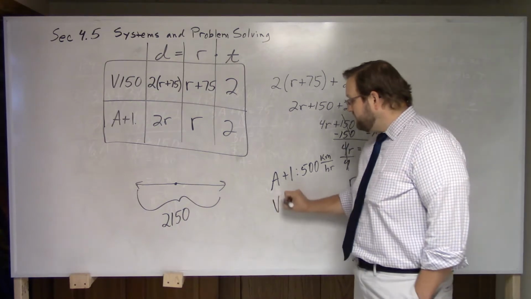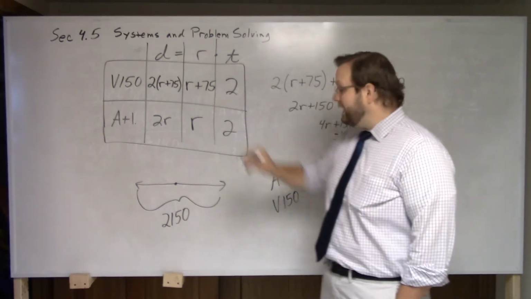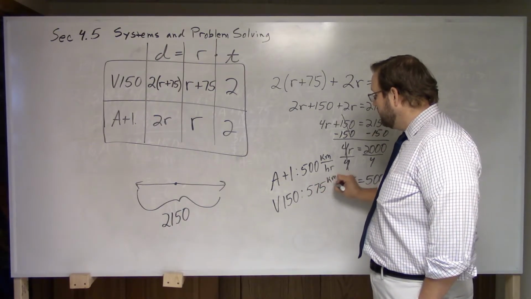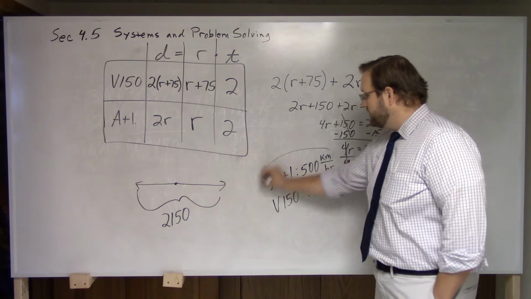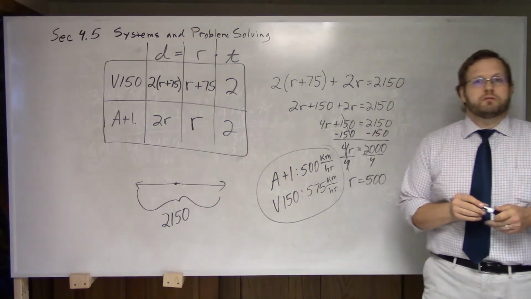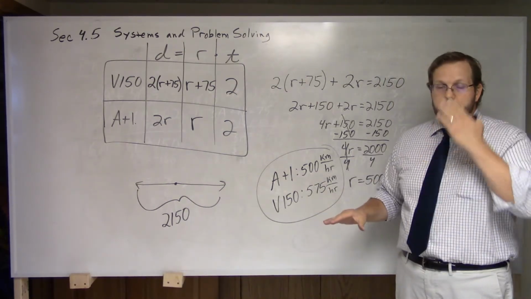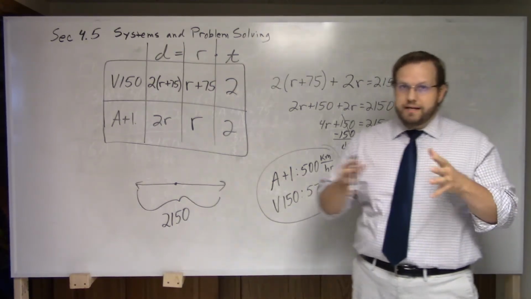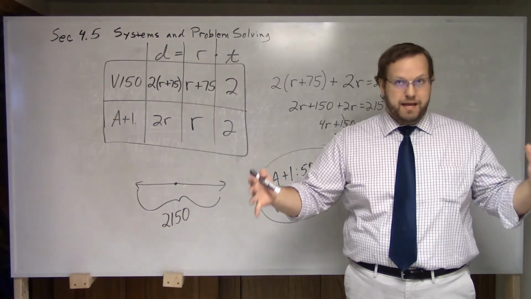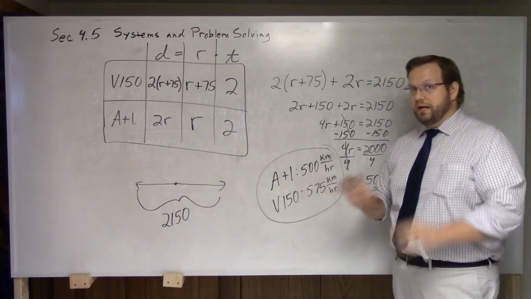That V150, remember, was 75 more than that, so we have 575 kilometers per hour. Okay, some instructors are very picky with how you write your answer. If they ask you to write out your answer as a complete sentence, then please do so. I'm not saying that's bad, but for me, as long as you specify which is which, I'm happy.